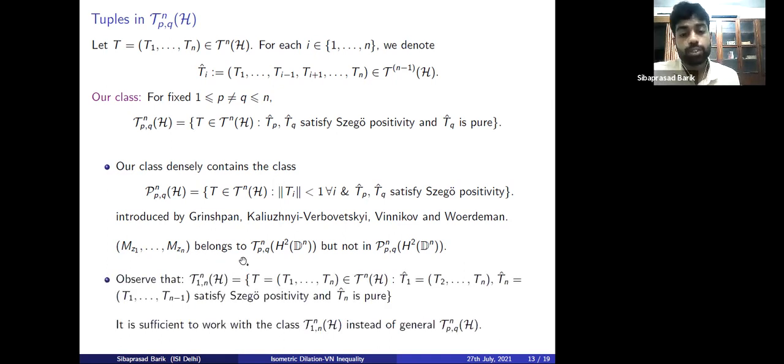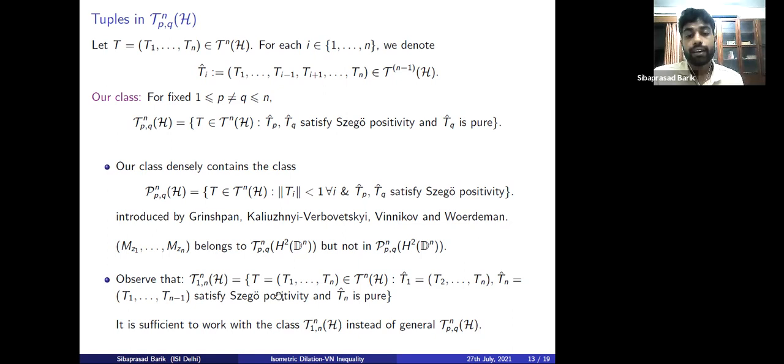Now it is sufficient to work with the class τ_n^{1n,h} instead of τ_n^{pq,h}. In particular, observe that τ_n^{1n,h} is the set of all n-tuples of commuting contractions such that the first (n−1)-tuple T_n-hat and the last (n−1)-tuple T_1-hat satisfy Szegő positivity and T_n-hat is pure.